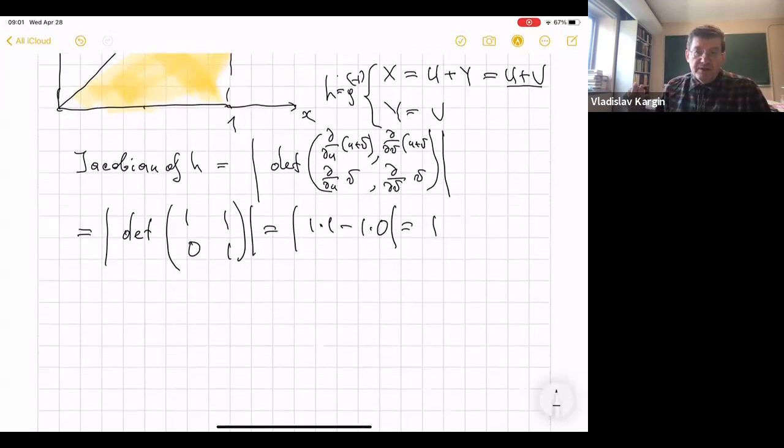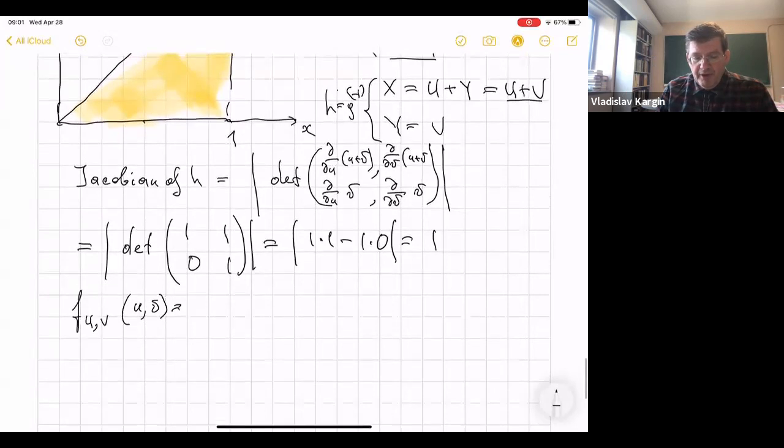After that, we just write the joint density. f of u v of uv is equal to f of x, which was 3x, but instead of x we plug in its expression in terms of u and v, so 3 times u plus v.